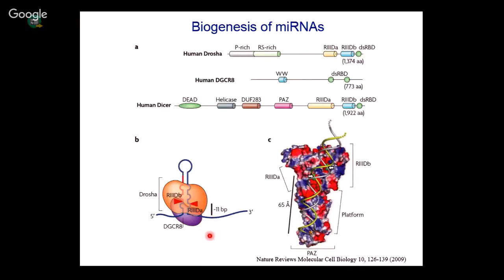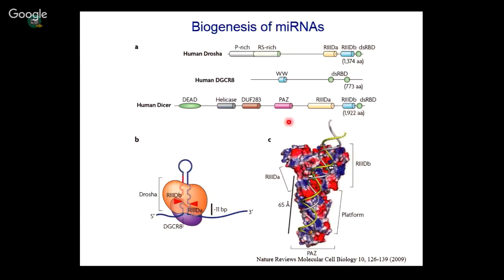So it looks like they serve as a molecular ruler, meaning they measure the distance of cleavage for Drosha to make the microRNA precursor, the pre-microRNA.